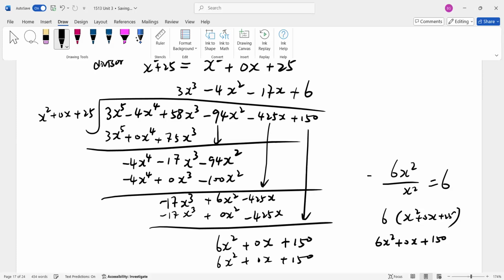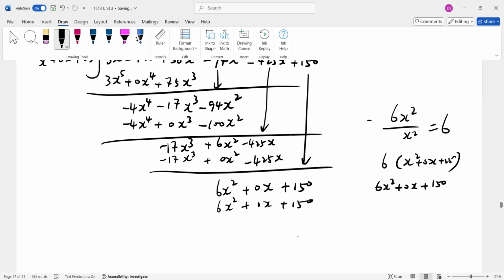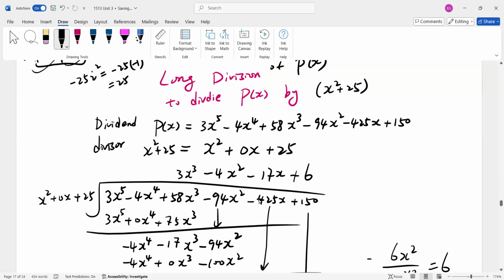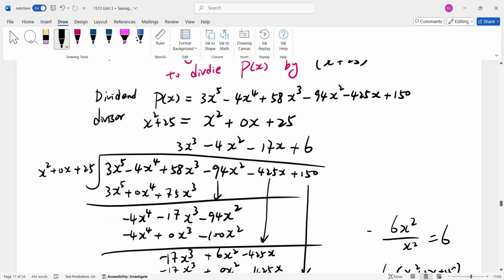As you can see, the same, right? So done. Remainder 0. The remainder has to be 0, by the way, because x squared plus 25 is a factor. So we finally found our pink. This is the pink, all right?